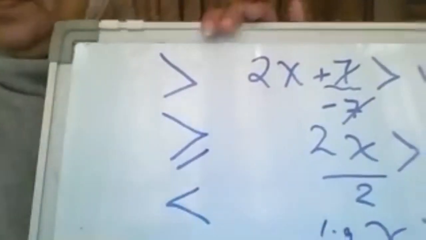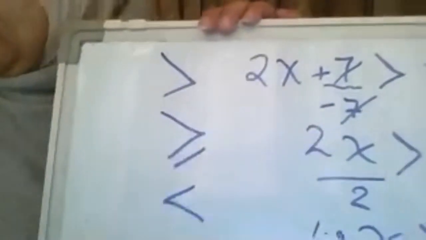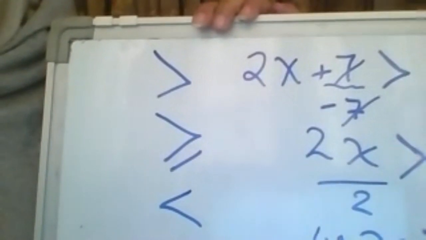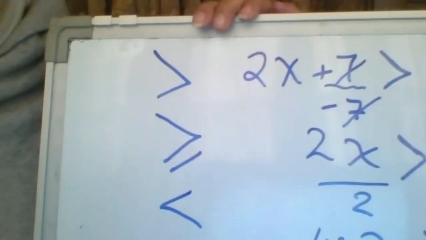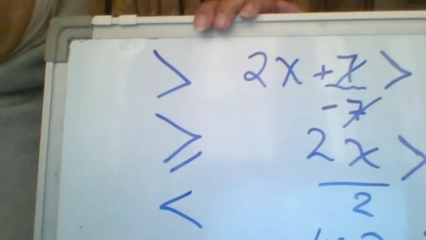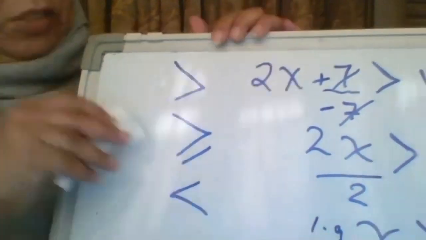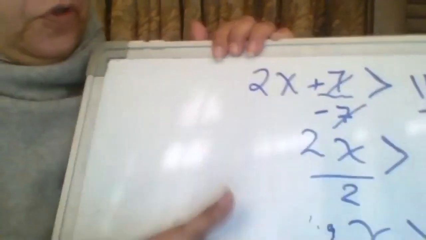Grade 7, sorry. Now we will move to the next part, which is in your book, page 219. So please open your book in front of you, page 219. In this part we determine if a given value makes the inequality true.